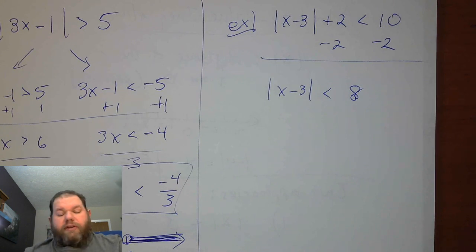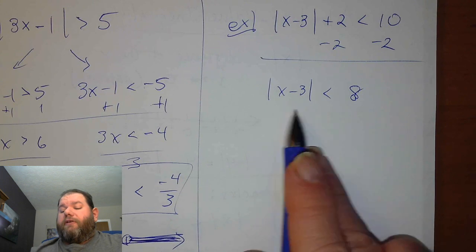So I didn't mention this, so it was a bit tricky on my part, but we have to get the part with the absolute value by itself before we do anything else. Otherwise, we run the risk of making a serious mistake that affects the outcome. We won't get a correct answer, basically.